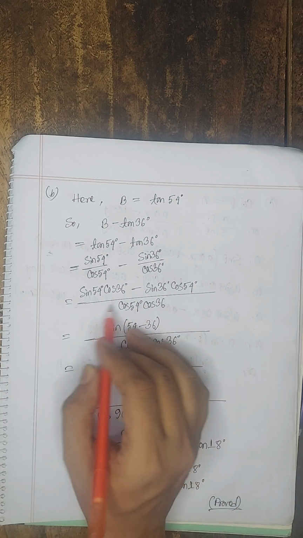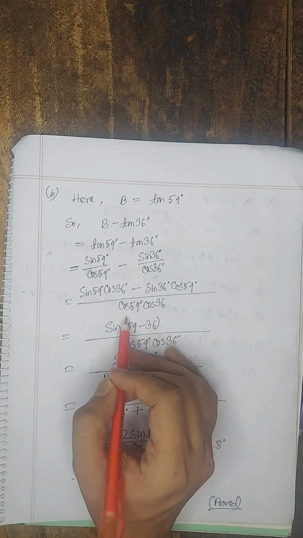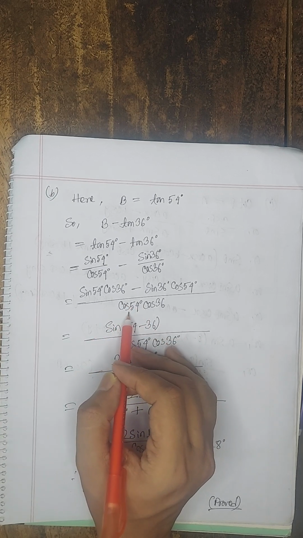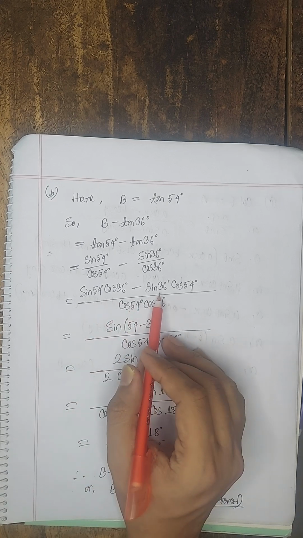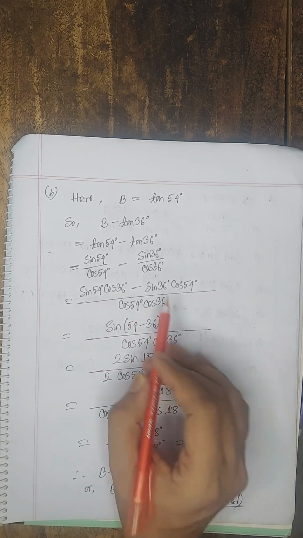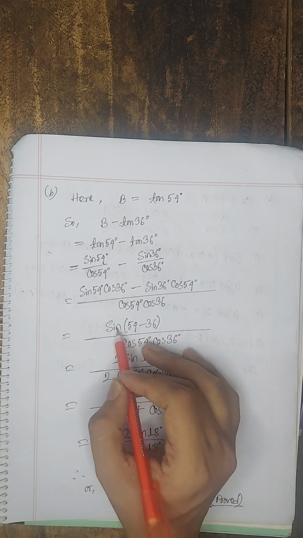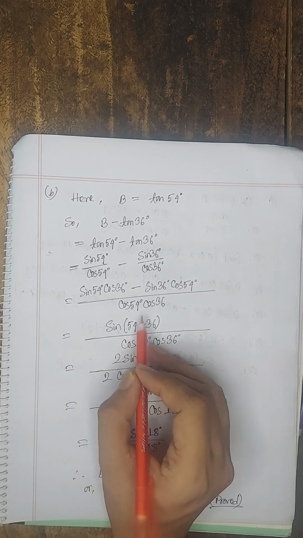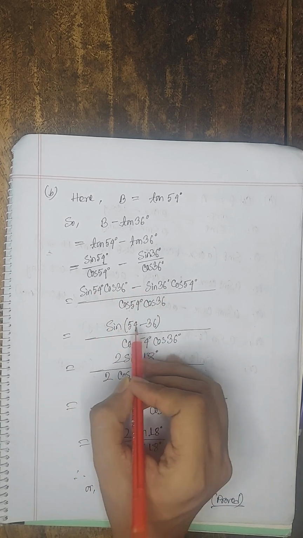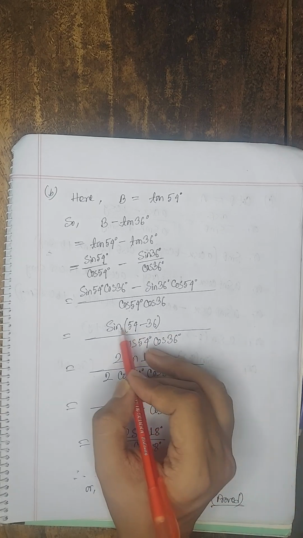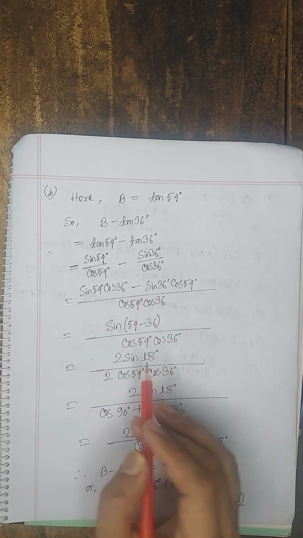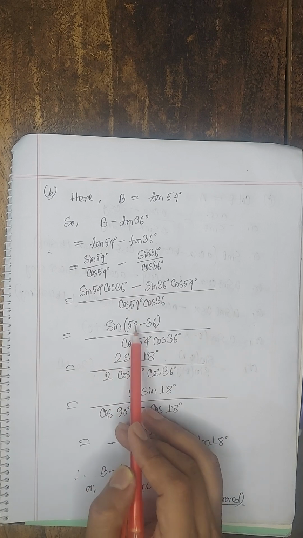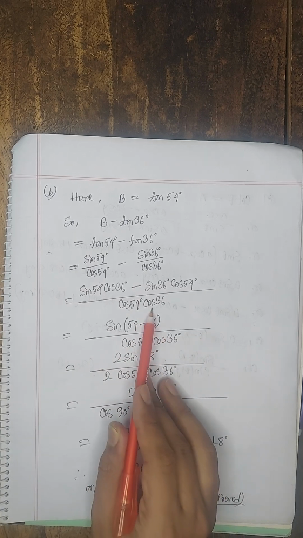When we do the LCM, in the denominator cos 54 cos 36, and in the numerator we get sin 54 cos 36 minus cos 54 sin 36, and then we write sin a minus b. Sin a minus b is sin a cos b minus cos a sin b. So it becomes sin a minus b, and the denominator is the same.